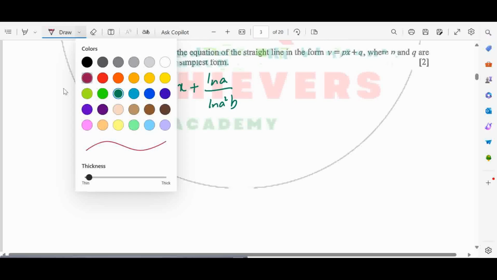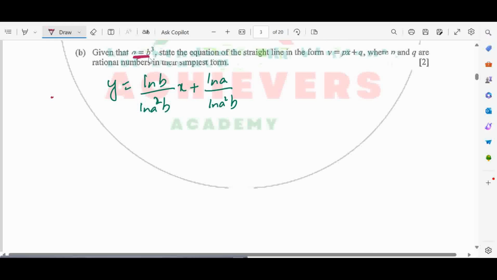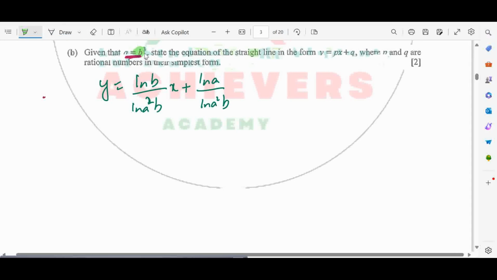Now it is given in the question that a is equal to b cube, and we need to state the equation. We have to just replace a with b cube.